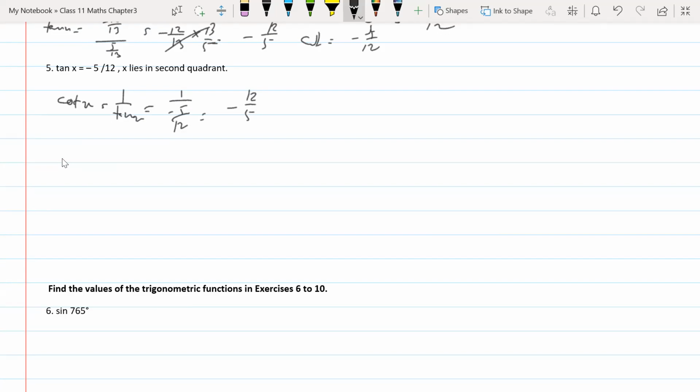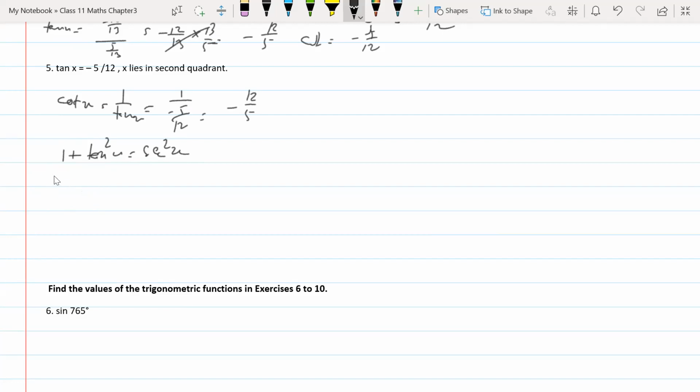Now which identity will we apply here? 1 plus tangent square x is secant square x.